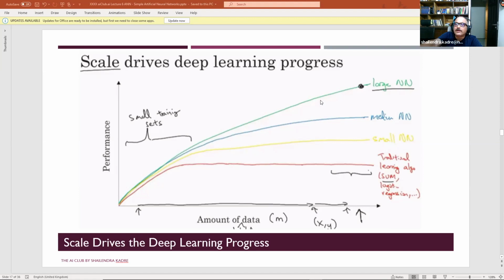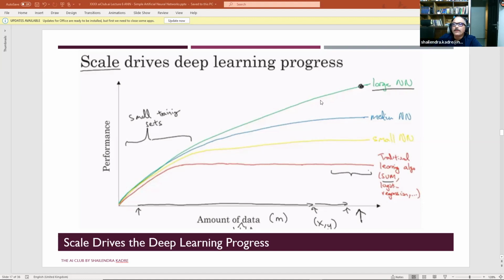We take the number of iterations on the x-axis and performance on the y-axis, and keep increasing iterations to 100, 200, 300, 400. But when the performance curve becomes parallel to the x-axis, we have reached convergence. Whatever number of iterations you do now, your accuracy or performance is not going to improve. That is the stage where we have to stop doing iterations.